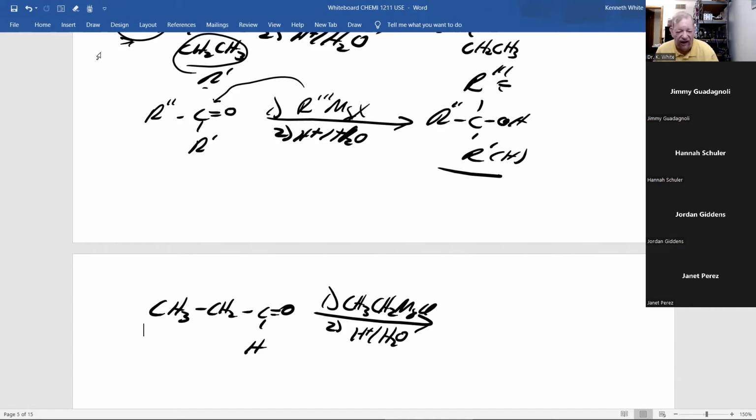Again, I will never, ever, ever put a synthesis problem on a test or final with this reaction. It's fun, but not at this level. Not fair.